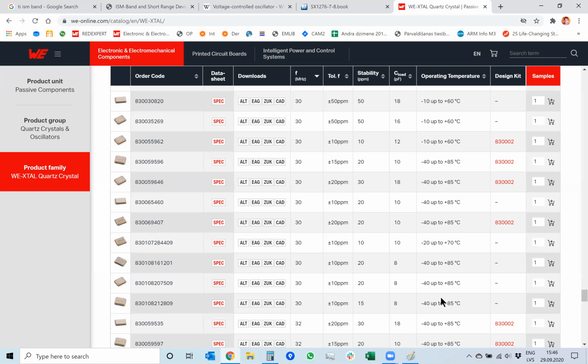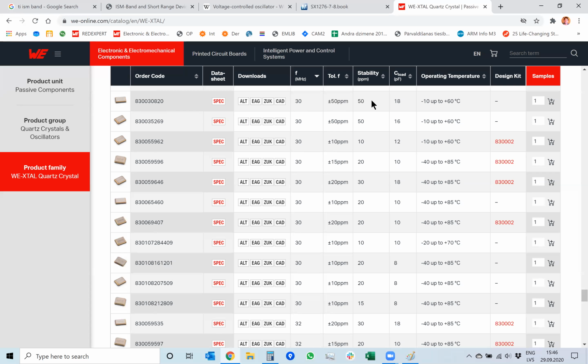So what exactly does it mean? Let's take, for example, this crystal at 30 megahertz. Its precision is 50 ppm. Stability over temperature range is also 50 ppm. You have to remember that these are not absolute numbers.